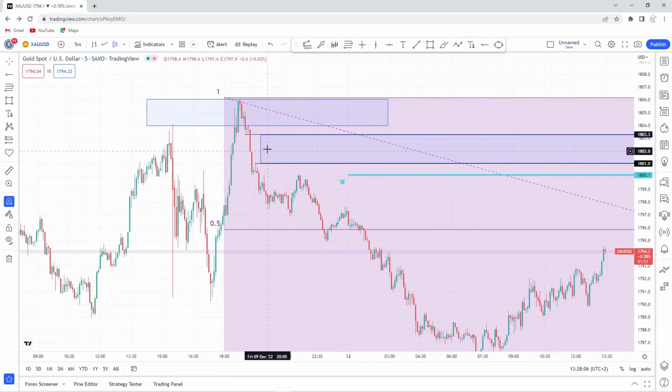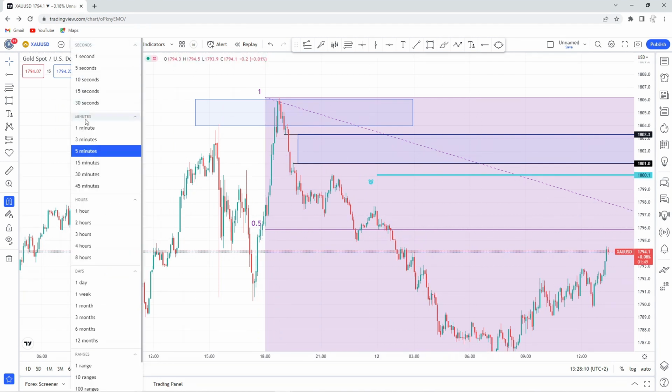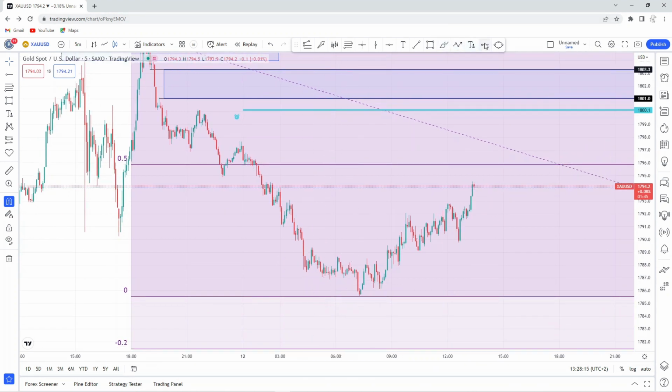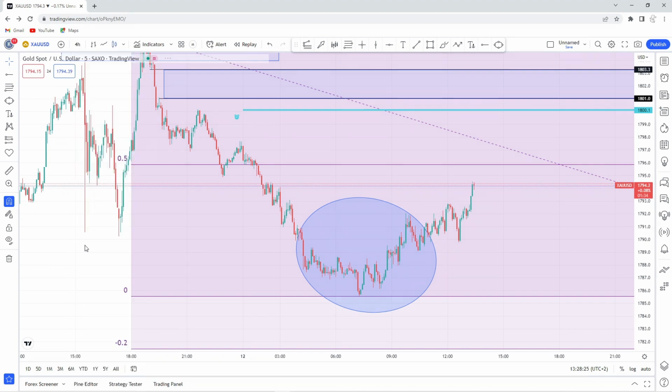And then the number three, which is the last risk management aspect, is try by all means to trade less. Right. Yes.